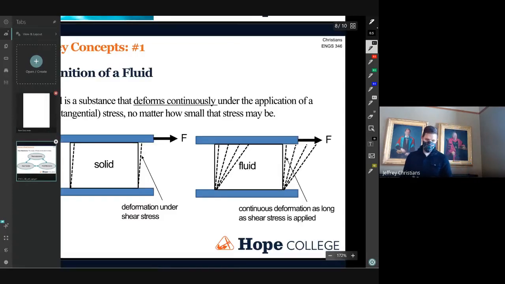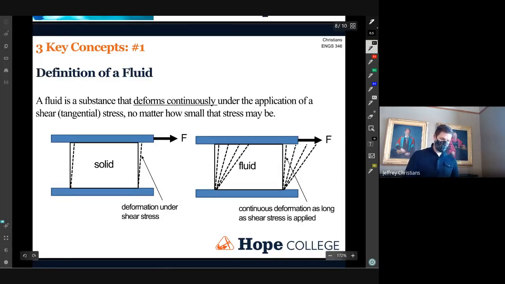Before we jump into too much, I want to make sure we have a level playing field, that we all know what we're talking about when we talk about a fluid. And I say that because there are some things that are kind of a little bit wishy-washy, right? We know solids and we know liquids and gases, but there are lots of things that don't fit nicely in boxes like that, right?